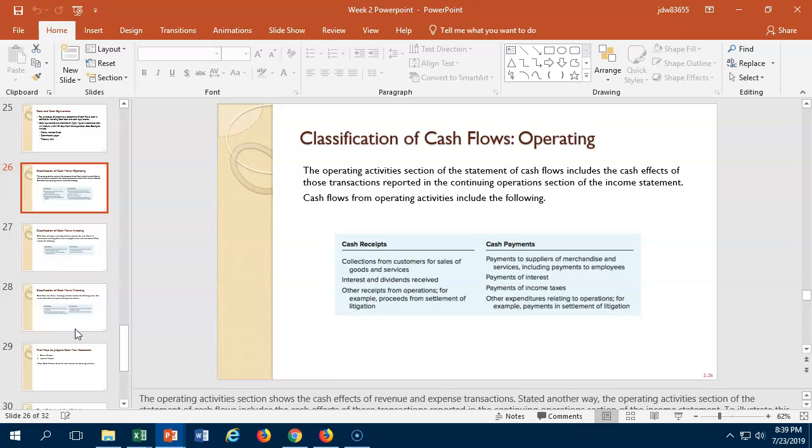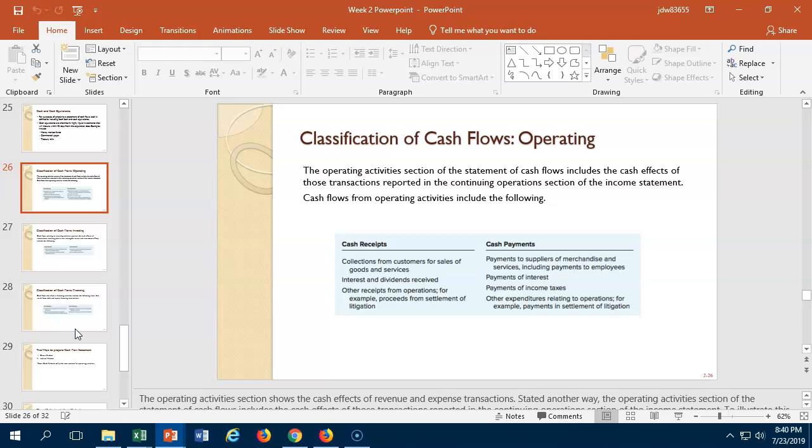The investing activity gives you a picture of what assets you had to invest in to perform your business. Think of assets you had to purchase. This is giving you a picture of your receipts and payments for your assets.